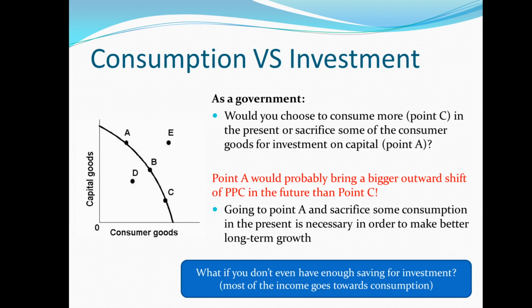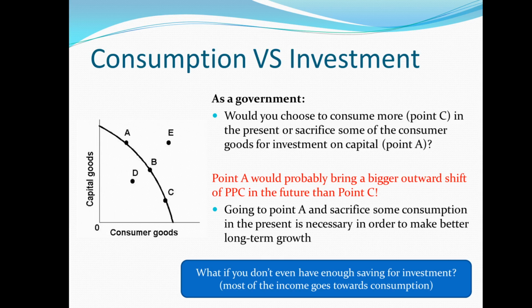If you don't even have enough saving for investment, then you will probably spend most of your proportion of income on consumption. Because when you think about the poverty trap that you have learned, why people are trapped inside that poverty cycle is because they don't have enough saving.